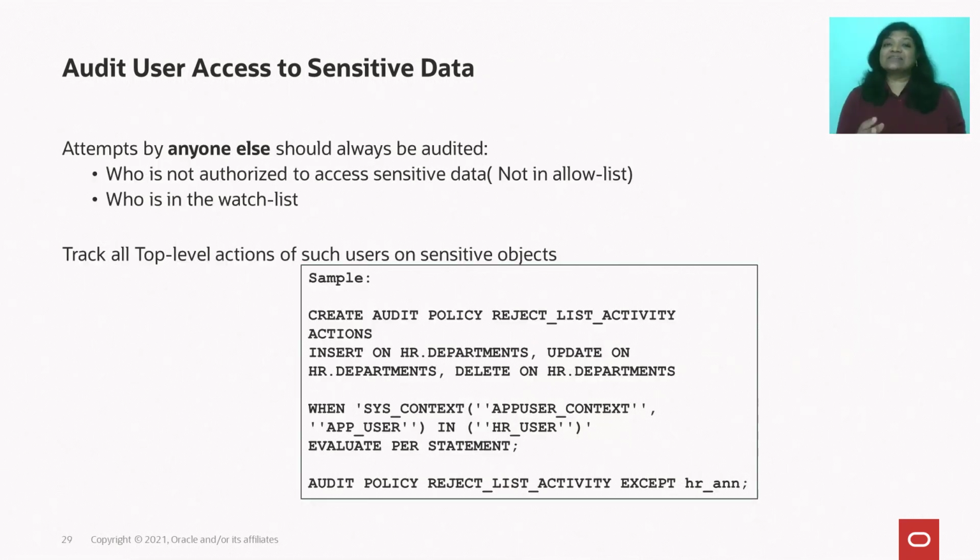Attempts by anyone else who is not authorized to access sensitive data, or those in the watch list, should always be audited. Track all actions of such users on sensitive objects. A sample policy of auditing modifications of sensitive data by users outside the allow list is shown below.